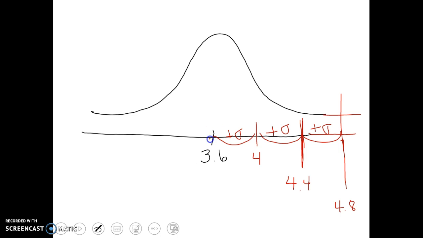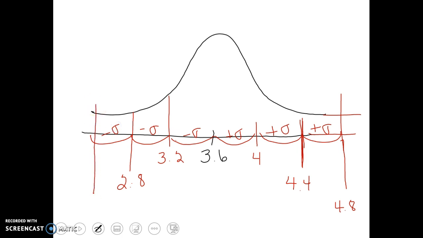If we go the other way, subtract one standard deviation from the mean, so 3.6 minus 0.4 would be 3.2. If we subtract a second standard deviation, we get 2.8. And if we subtract a third standard deviation, we get 2.4.